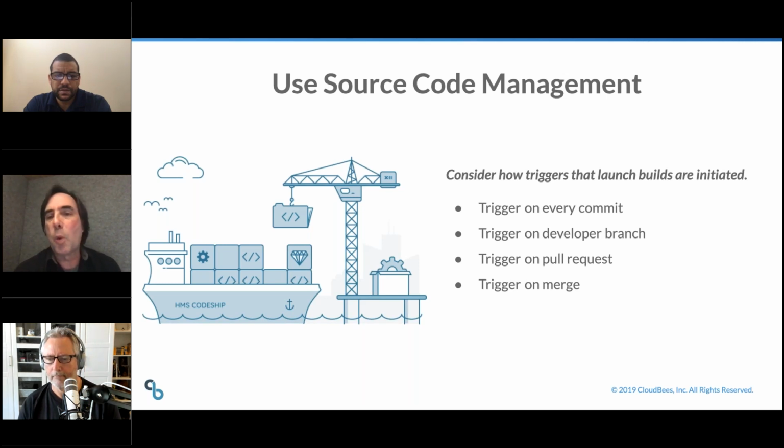You can also trigger when a developer makes a commit to their branch. You can trigger when a developer makes a pull request, and you'd certainly want to trigger when you merge those PRs into the main branch. So again, trigger on every commit is the ideal. Try to get as close to that as possible.